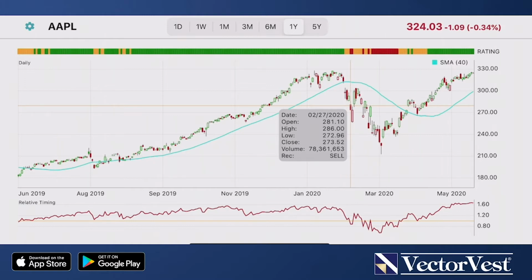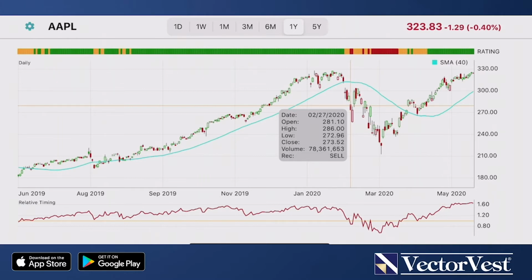If it has a sell, it's telling you that the stock is not participating in the market, it's not doing what you want it to be doing if you're buying it, so therefore you should probably stay away from it right now. If it's a hold, then you want to do the analysis a little bit more in depth and see, is it coming from a buy to a hold or a sell to a hold? And that would only be if you're really aggressive on it and really confident in that trade.